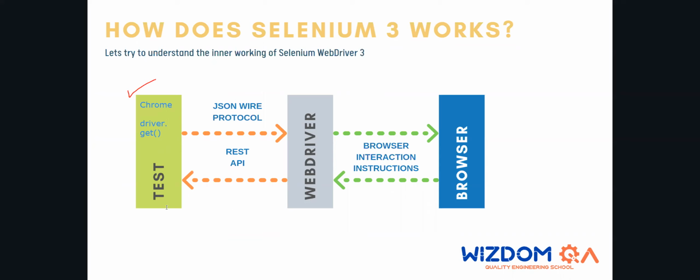Now, this is the test block I'm talking about. In the middle layer, there is a WebDriver. WebDriver over here is nothing but the jar file that we added yesterday. This jar file is coming from selenium.dev, and we just added that.